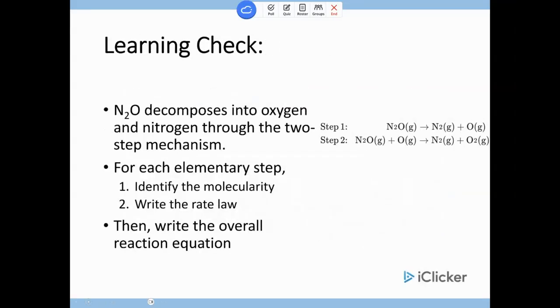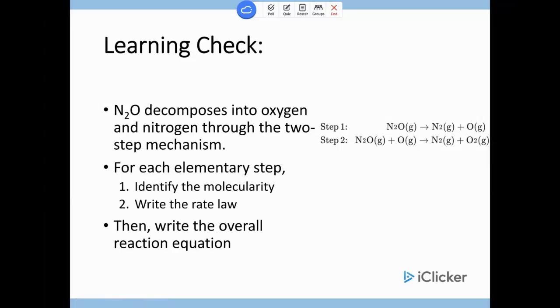So let's do this example here, this learning check. We have two elementary steps here that describe the overall decomposition of N2O, dinitrogen oxide. This molecule decomposes into nitrogen and oxygen through this two-step mechanism.